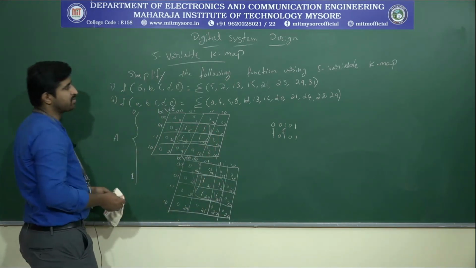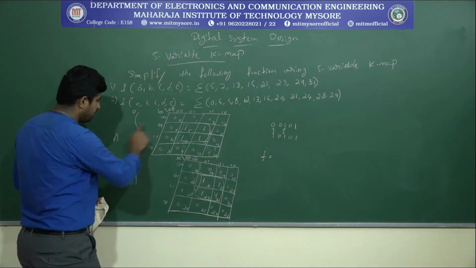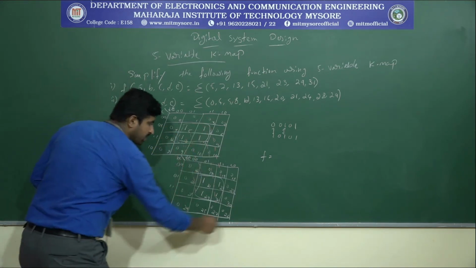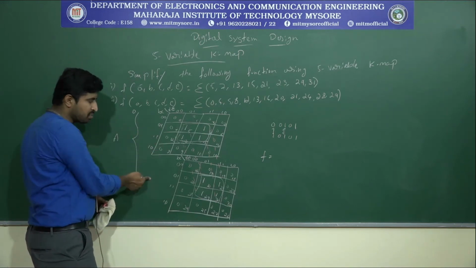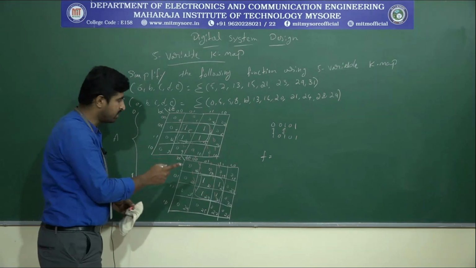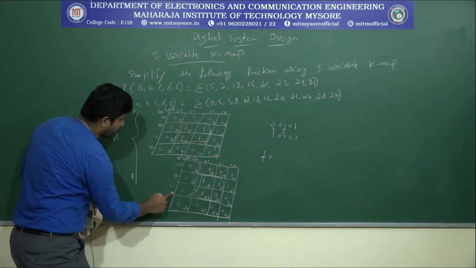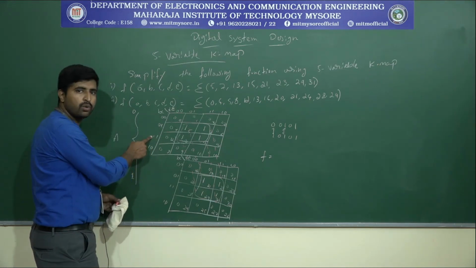So the simplified expression will be F equals to, see, A has made a changeover here. A is 0, and in this cell A equals 1. So A has made a changeover, so the A variable won't appear. Next, looking at 0 1 1 1 0 1 1 1, B has made a changeover, so B also won't appear.